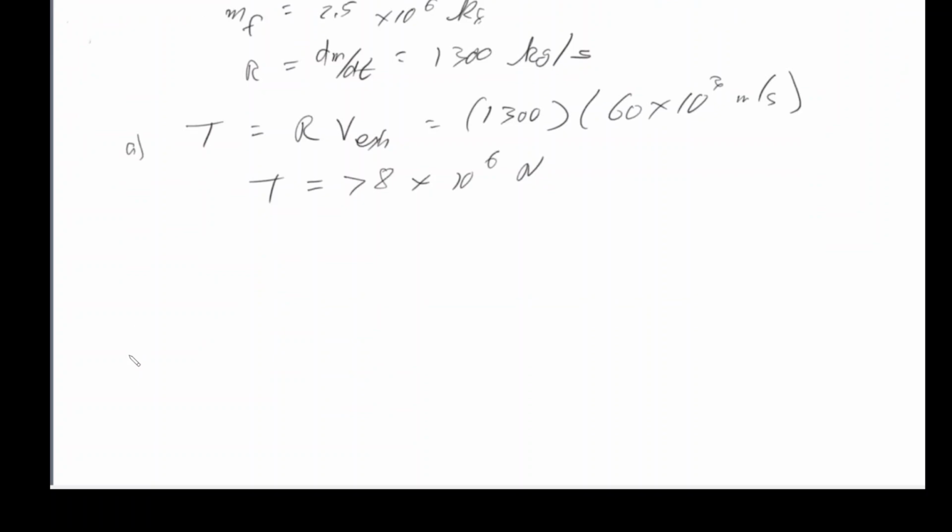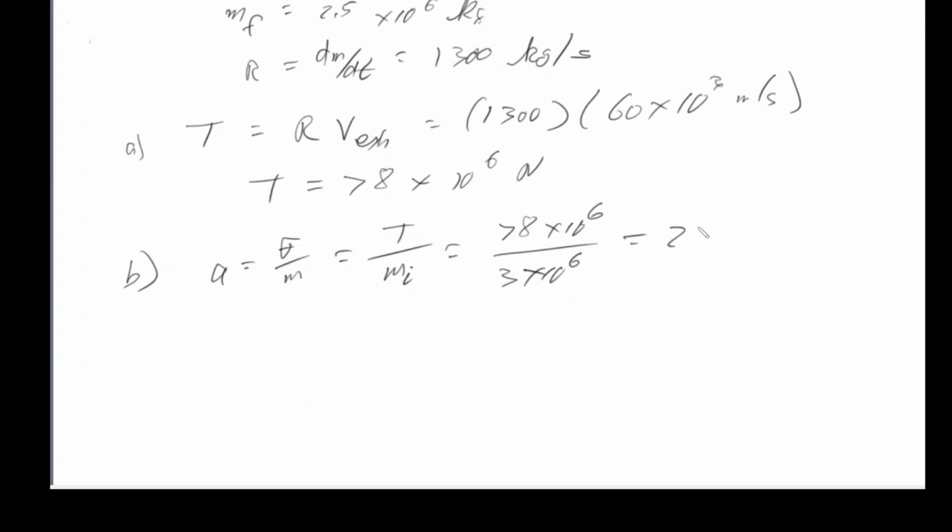Now we want to know next, B, what is the rocket's acceleration? Well, acceleration is equal to force over mass, which is equal to, in this case, thrust over its initial mass. So that's equal to 78 times 10 to the 6th newtons over 3 times 10 to the 6th kilograms.